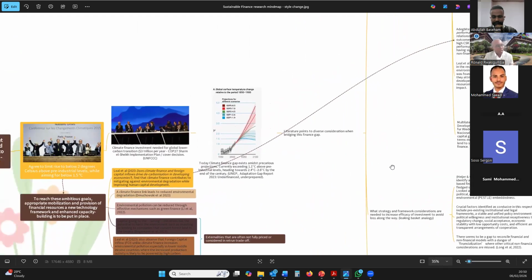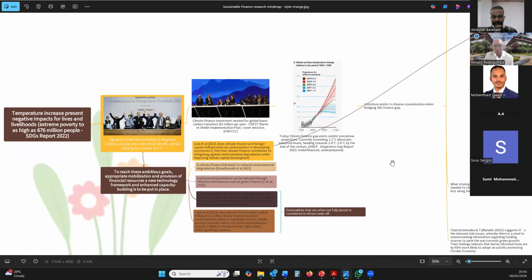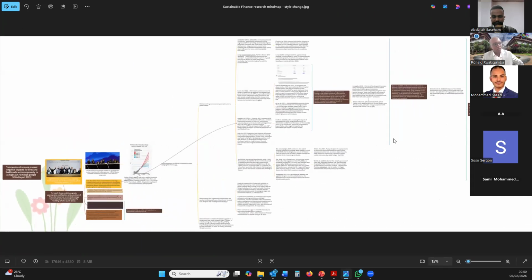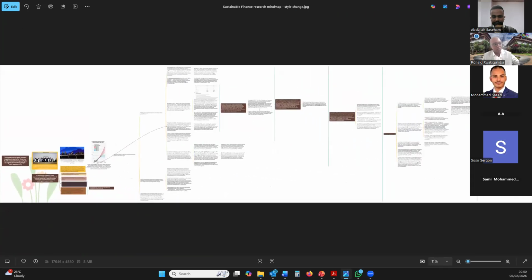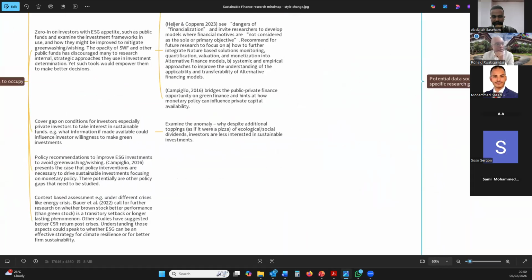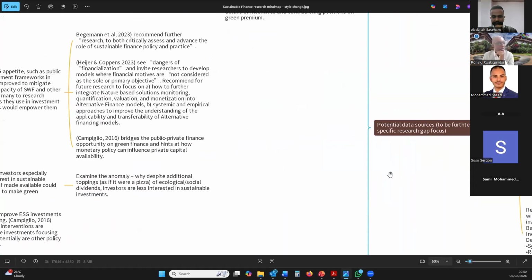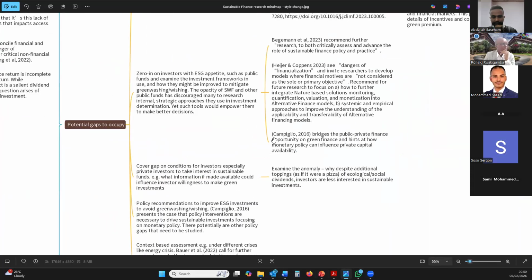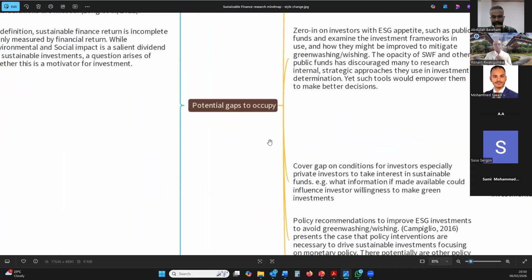You have this idea, put it out there into this rabbit hole where people are going to tell you different stories, and start following. So in my case, I start following each of those stories until I reach a point at the end where I feel, okay, I've had it all, and these are potentially the gaps that I can occupy.